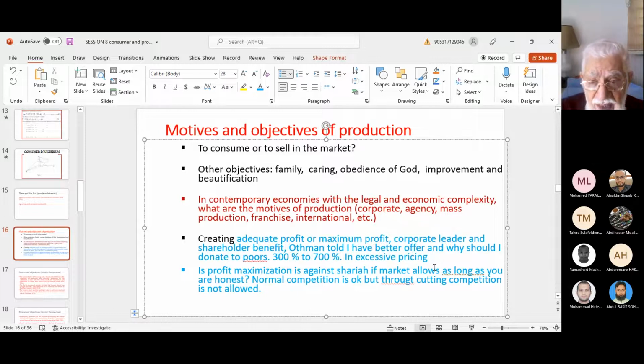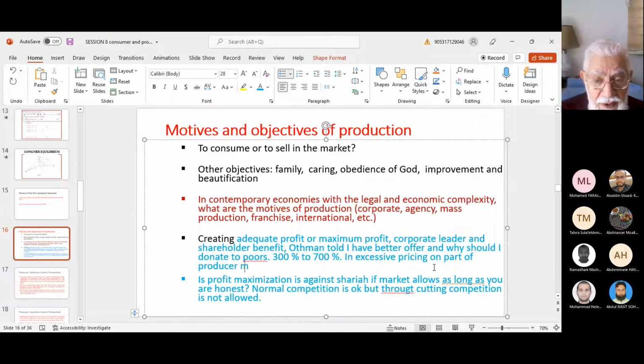But ulama say if there is any element on the part of the producers of any form of immorality, then we should impose pricing.